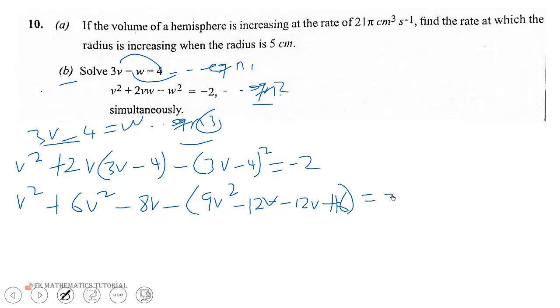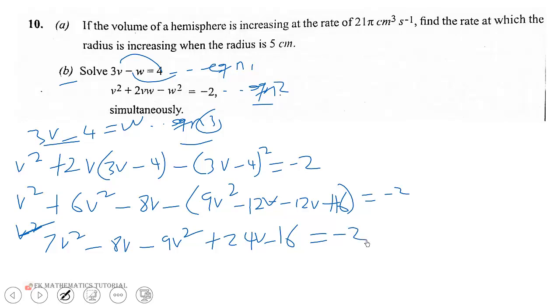is equal to -2. So v squared plus this will give you 7v squared. Then we have minus 8v. Then we have minus 9v squared. Then we have plus 24v. Then we have plus minus 16 equal -2.